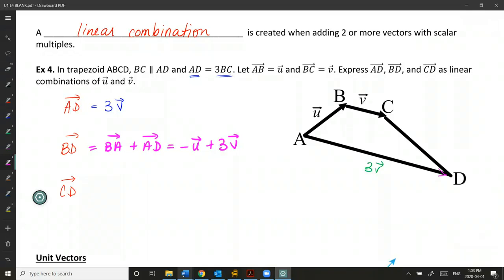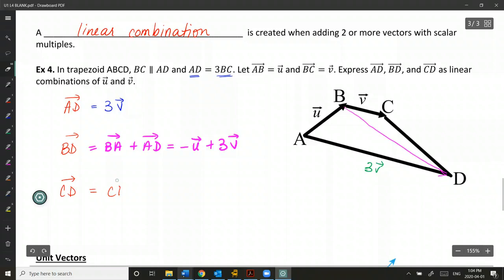Okay, and I'm actually just going to leave that line here because CD, if I wanted to express CD as a combination of other vectors, well, I guess we could do this a couple ways. Let's say we erase this. We can get from C to D, starting at C. I'll just do this in pink here.